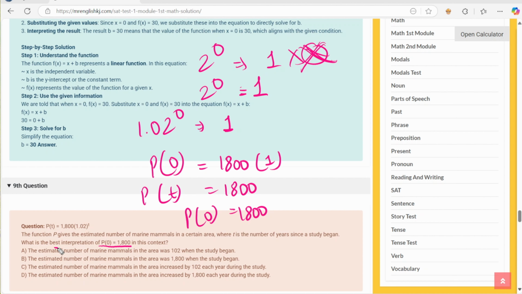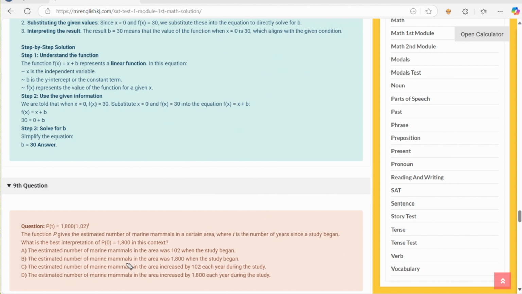Now it is asking us the best interpretation. Option A: the estimated number of marine mammals in the area was 102 when the study began. Study began means it is talking about the initial value. Obviously, a constant value is always an initial value. It is wrong because 1800 is the constant value, right? Second: the estimated number of marine mammals in the area was 1800 when the study began.